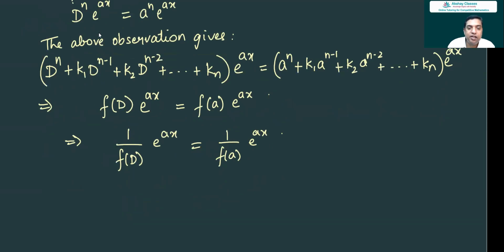So this is your particular integral, 1 by f of d times x is the particular integral.